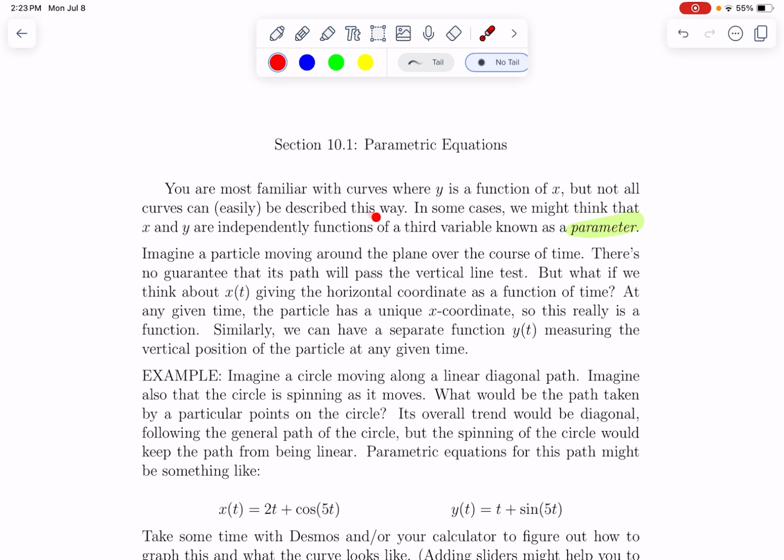And similarly, there's a different function that says at a given time what is the y coordinate. So instead of thinking of y as a function of x, we're thinking that both x and y are functions of a third variable called a parameter. And again, often we think of it as representing time if we're thinking of motion.